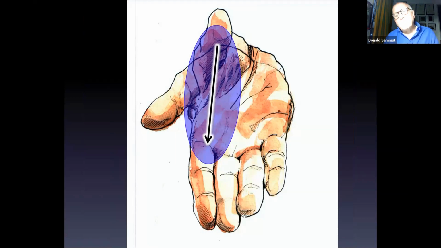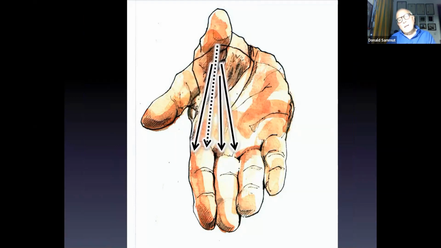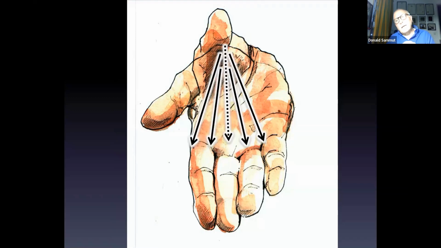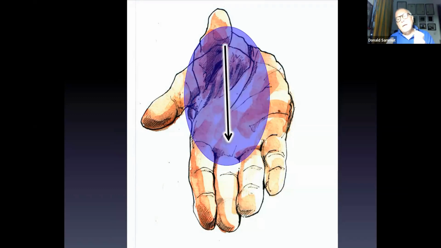So it would be to the metacarpal of the index, like the first dorsal interosseus. But in fact, because the thumb is going to come across, if you did that, you would have only a very small sphere of influence. It wouldn't reach over to the ulnar side. And so the origin comes from the middle finger metacarpal, which gives this a much bigger sphere. And therefore the thumb is now in the axis of the hand.